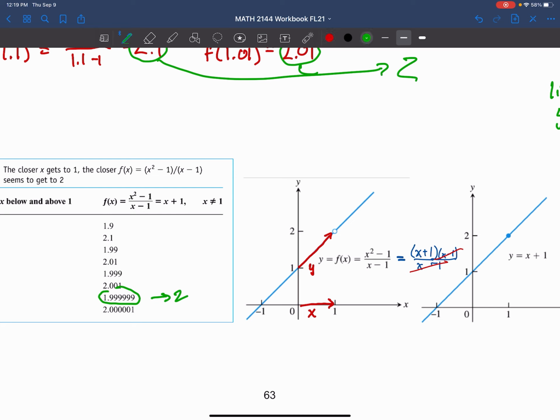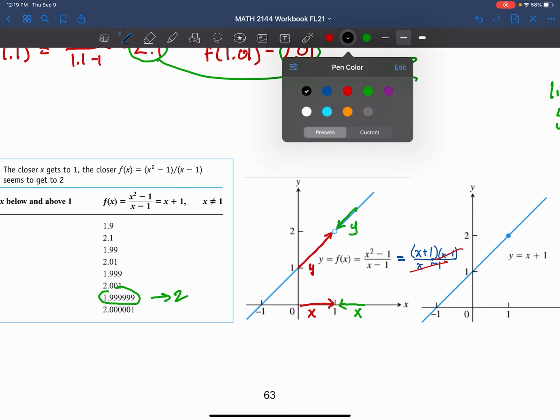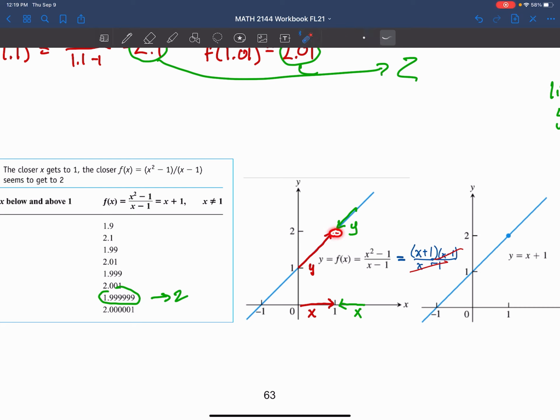And the same way, I'm approaching it from the right-hand side. If you look at these matching right here, notice that these are now pointing to the same spot. What y value are they pointing to? 2.